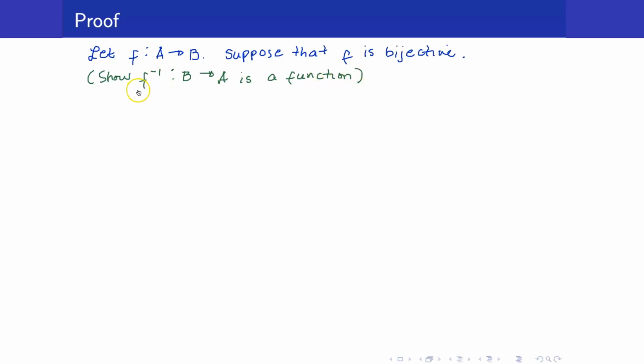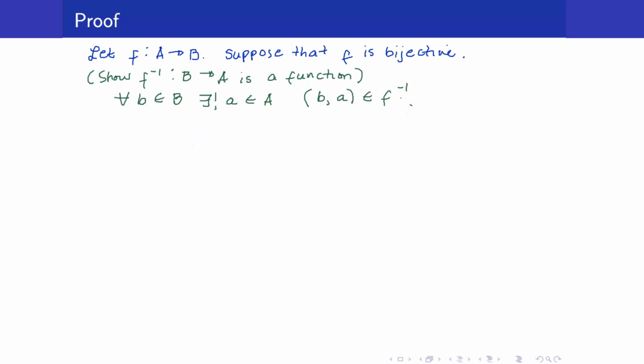Okay, what does it mean for f inverse to be a function? For every element in the domain, so we want to show that for all b in the domain, there exists a unique element a in capital A, that's the codomain, such that (b, a) is an element of f inverse.